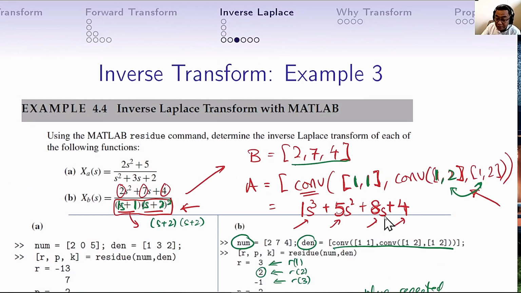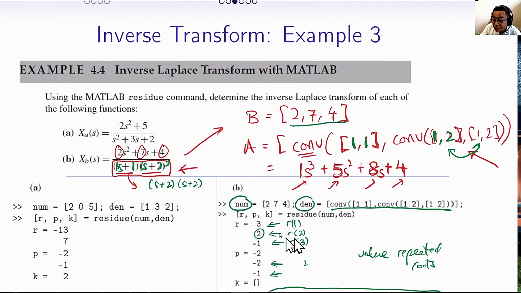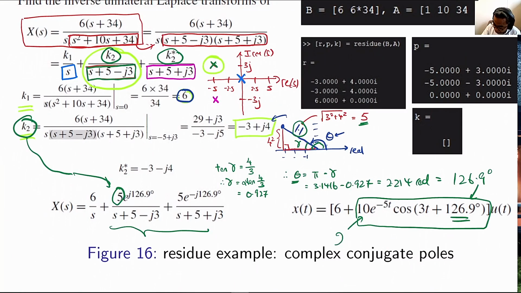The amplitude is 2 times 5, where this is the 5 we're talking about here. So it becomes 10. We have a cosine here, and where's the 3? The 3 comes from here. What about 126.9? It comes from here. And then the last number 5 is put in here as minus 5.